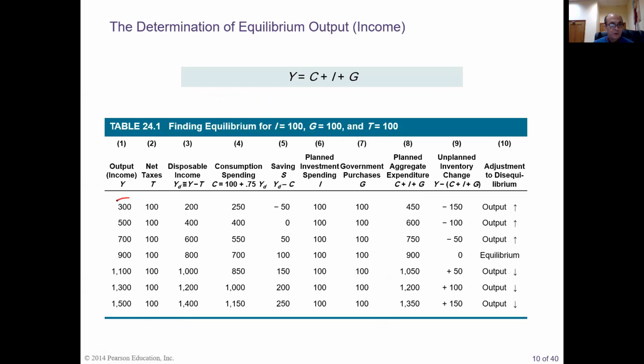For the first one here, the first level of output or income, 300 pounds as total income, but total expenditure equals 450. Meaning that total output is more than total expenditure.